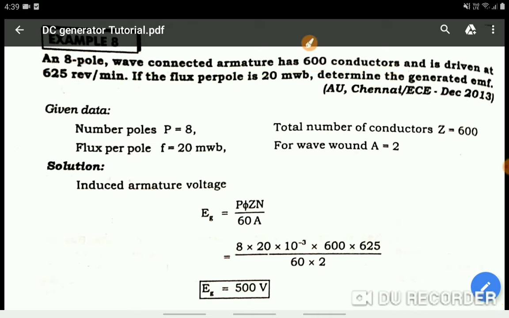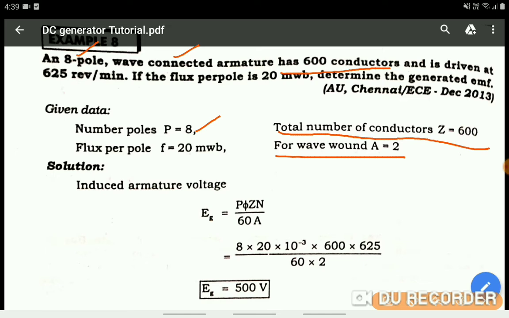So from this we can easily understand that P, the number of poles, equal to 8, it's wave connected. So for a wave wound A equal to 2, then the armature has 600 conductors. So the total number of conductors is directly given as Z is equal to 600, no per slot or any other information, so that we can directly substitute for the Z value.